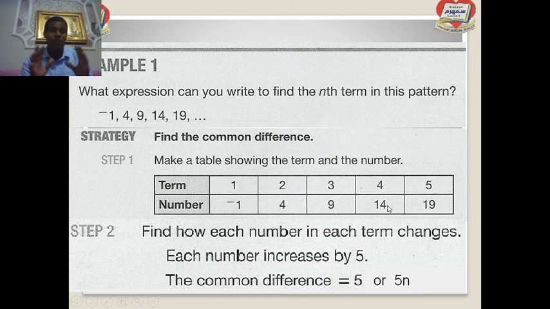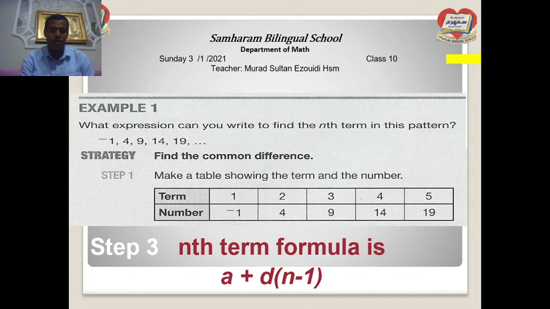So here we can fix the common difference. We can say that d is 5. Okay, then all 5 multiplied by what, my learners? 5 multiplied by n, sorry.